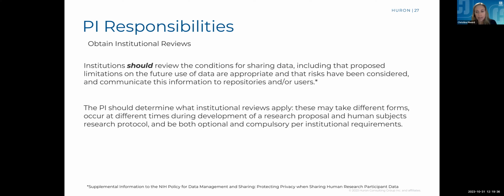For example, the IRB will review that communication about future use is appropriate and data confidentiality risks have been considered, while OSP may communicate critical information to repositories via the draft DUA. These processes and requirements are in flux as the regulated community awaits further guidance from NIH. The PI should determine what institutional reviews may apply at their local setting.